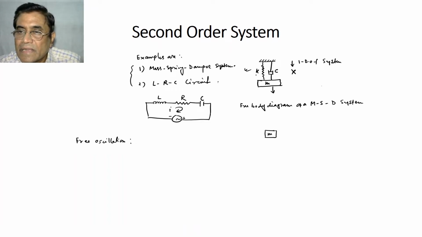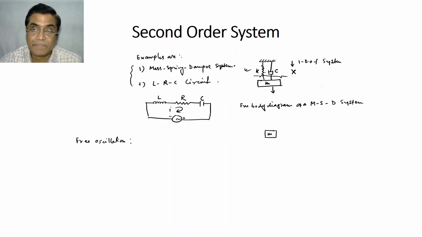Free body diagram means I cut this part. I am making the body free from all the constraints. The constraints were the spring and the damper, and I represent the constraints with their respective forces. So what are the forces?